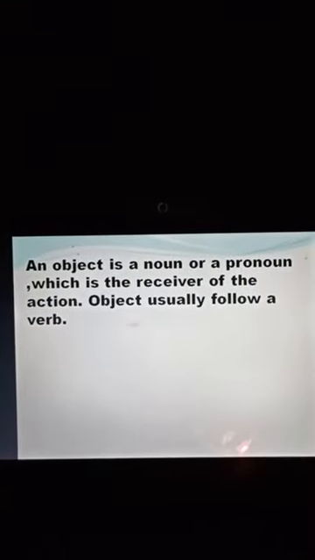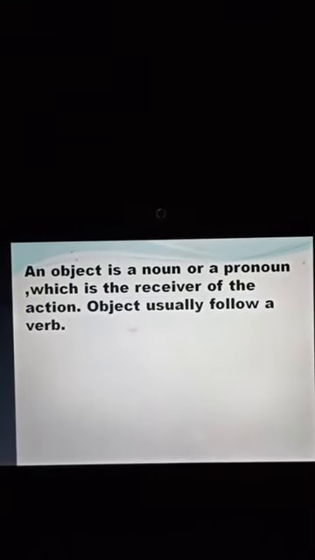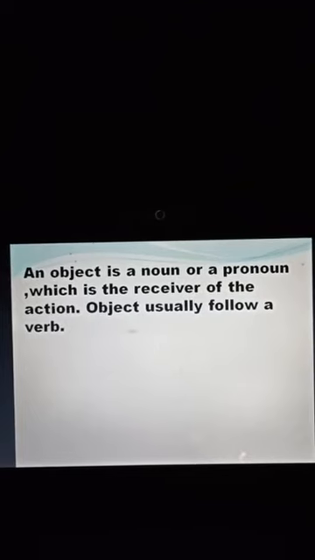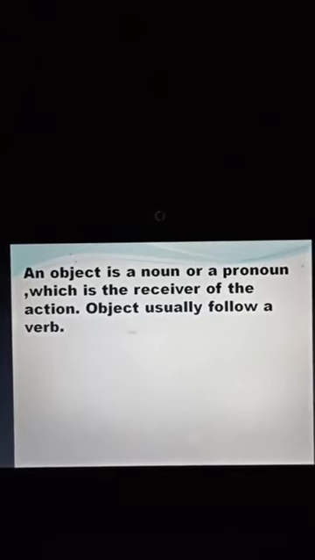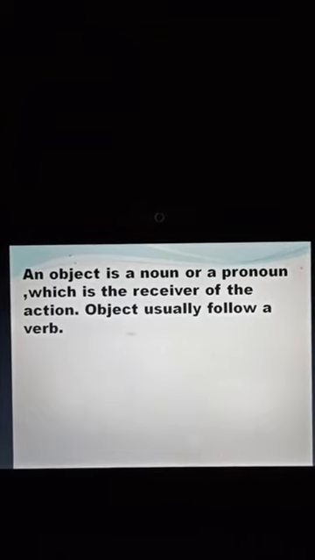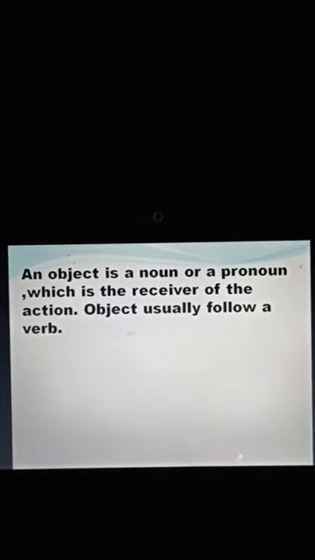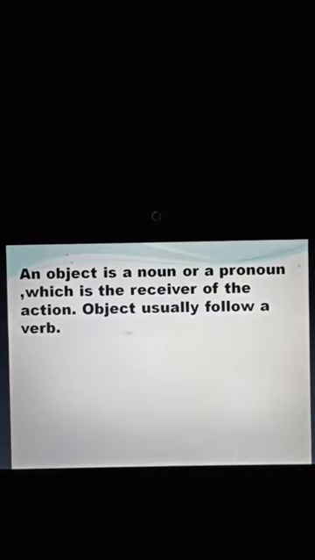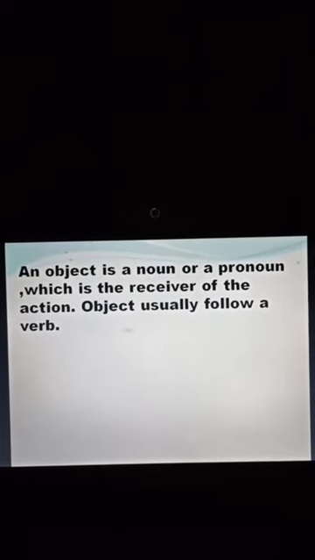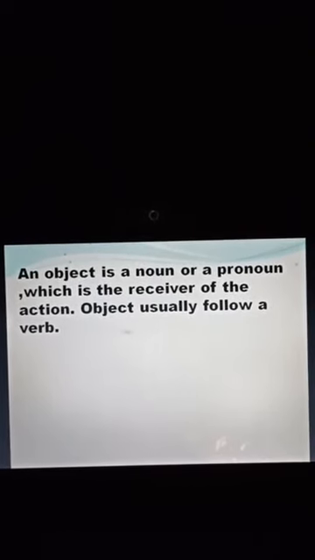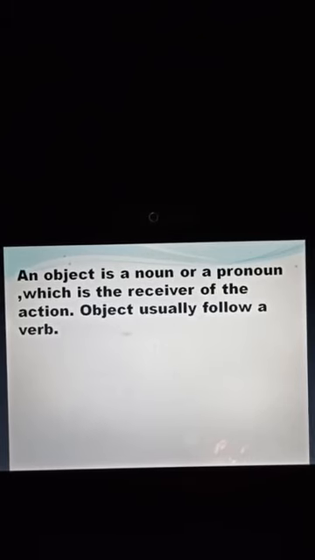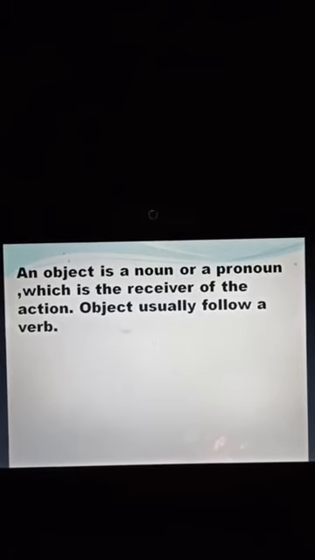An object is a noun or pronoun which is the receiver of the action. An object usually follows a verb. That means after the verb the object comes, and a verb follows a subject.